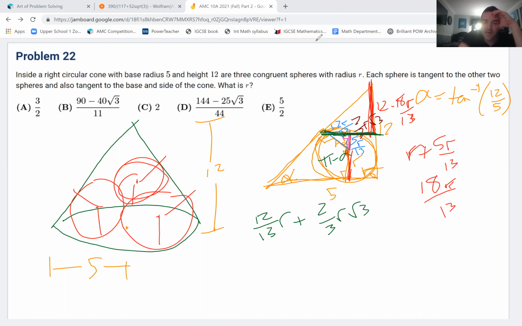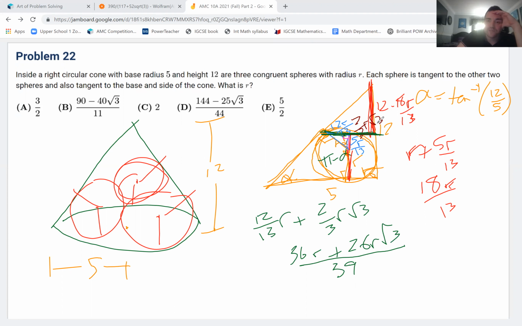Which, if I make a common denominator, becomes (36r plus 26r root 3) all over 39, right? That would be what I'd get if I did the common denominator.